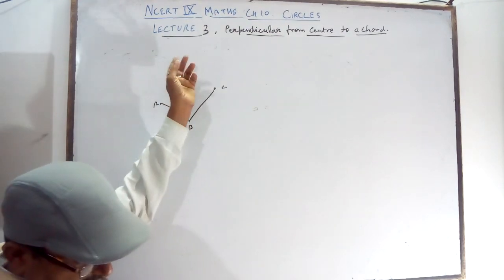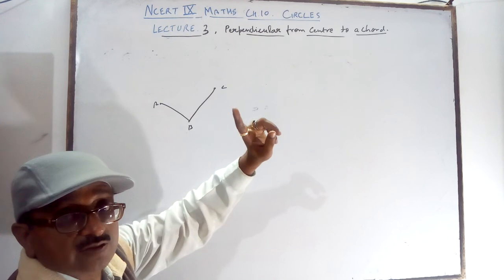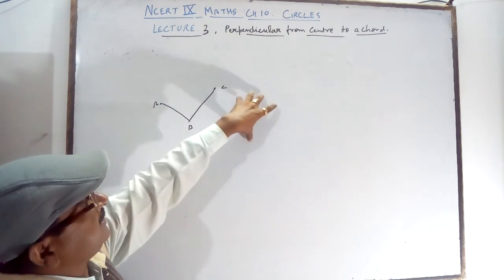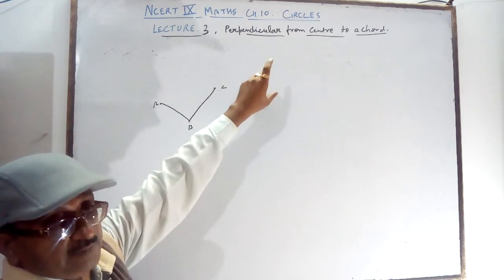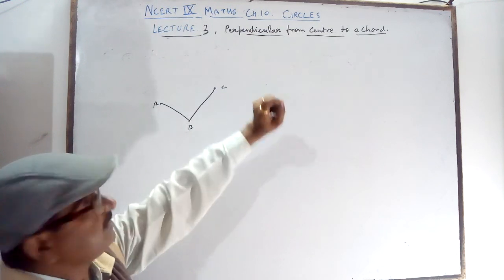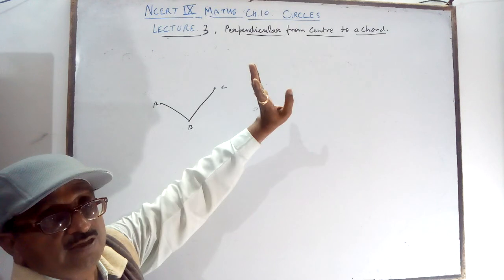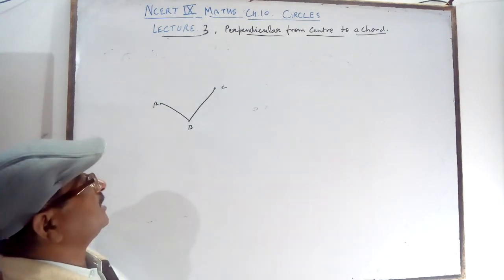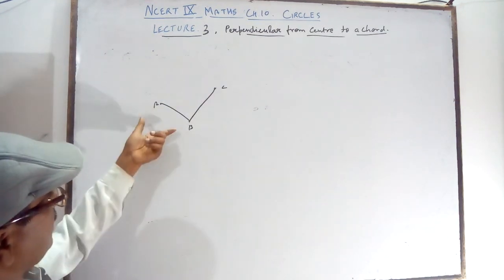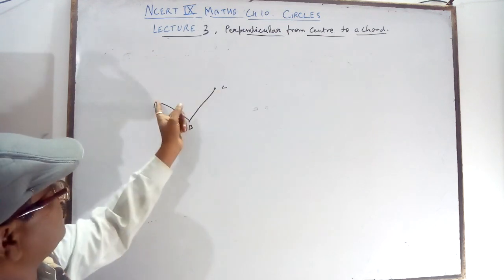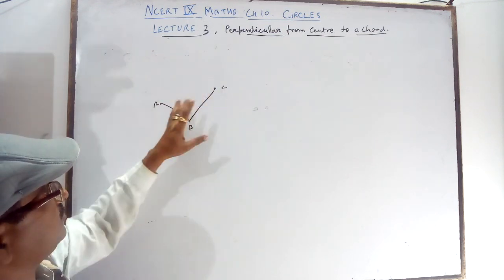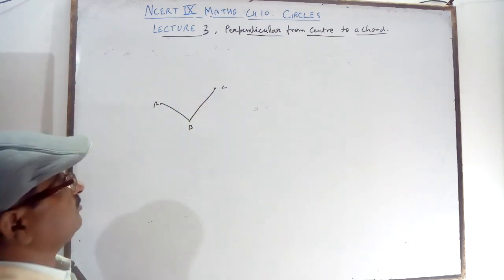It is theorem number 5. Third: the perpendicular from the center bisects the chord. Fourth: the line joining the center to the midpoint is perpendicular to the chord. And after this, for three non-collinear points, you will get one and only one circle.